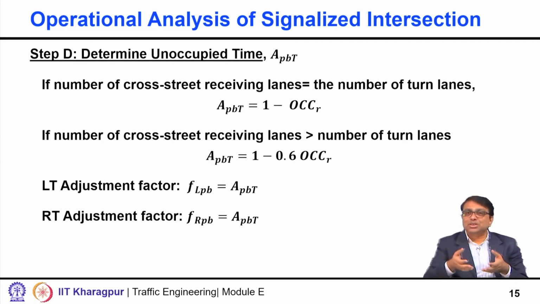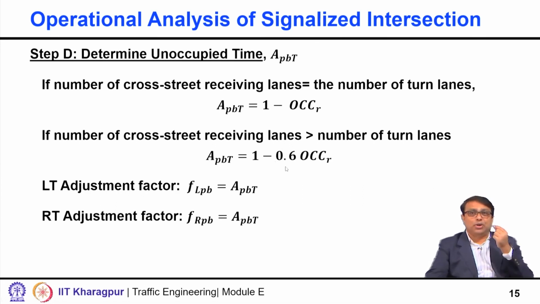So, traffic will get distributed to more number of lanes when they are entering the receiving lanes. So, in that case it will not be 1 minus OCCR, but 1 minus 0.6 OCCR, that is what is assumed or suggested by the Highway Capacity Manual.